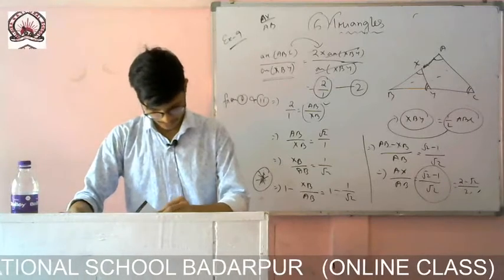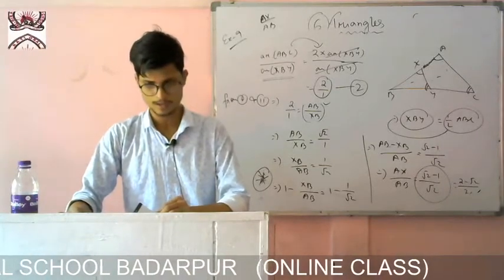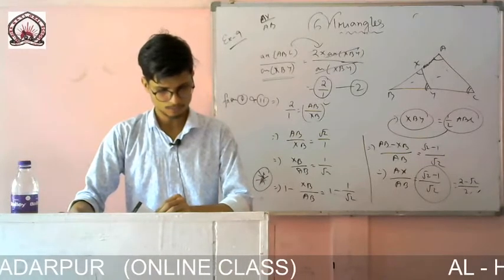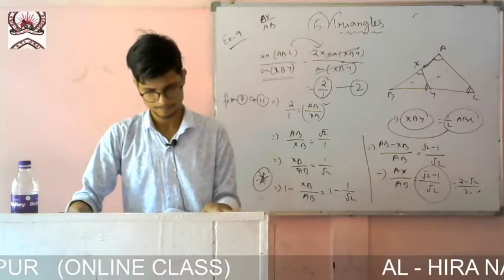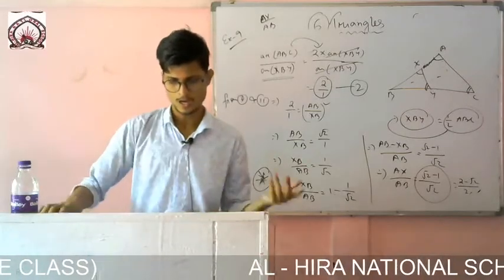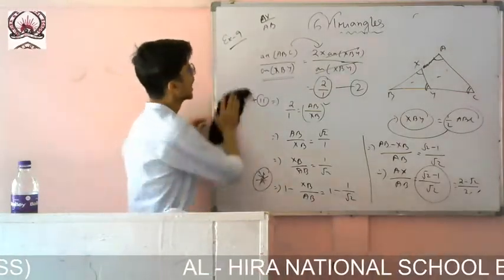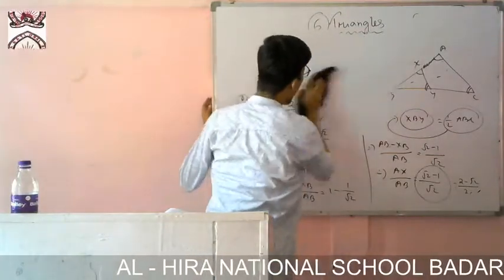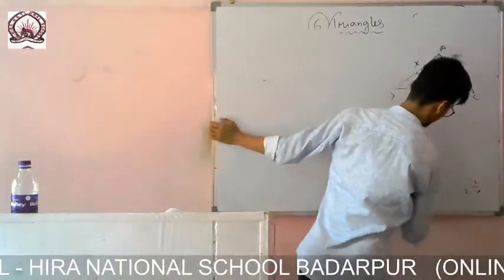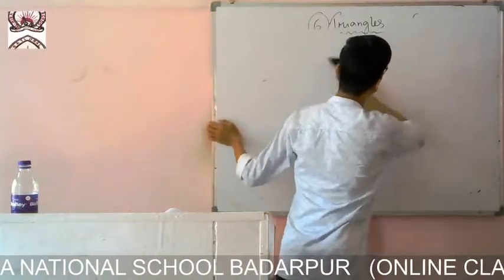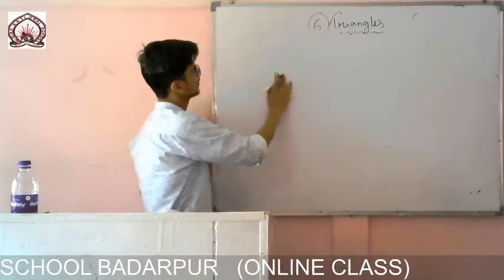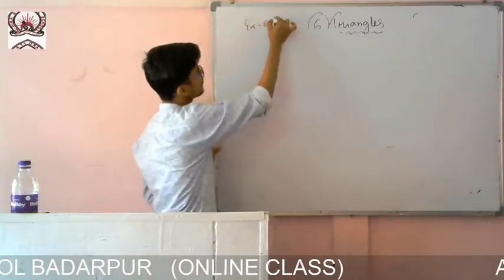So the area is given, and if EF is equal to this one, then you have to find BC. Very easy, two lines. Exercise 6.4.